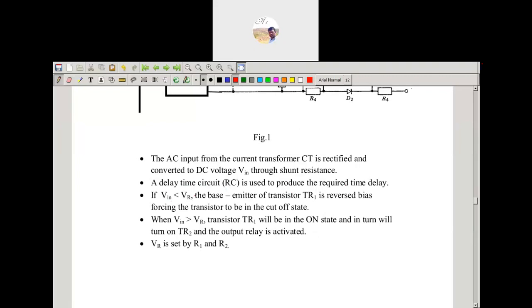If the input is less than the resistor voltage, the base emitter of the transistor will be reverse biased, and the transistor is in the cutoff state. When the input is greater than the resistor voltage, transistor TR1 will be turned on and the time step will be turned off, and the relay is activated. That is how it works in the solid state type relay. It is mainly about the input signal, how much variation there is in the input signal, and based on that it will be 1.